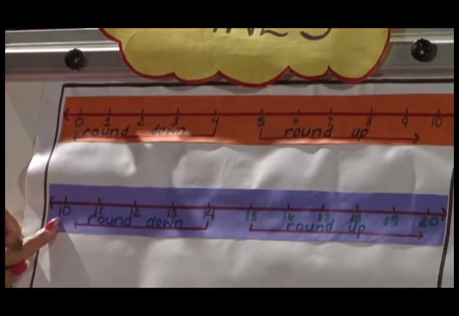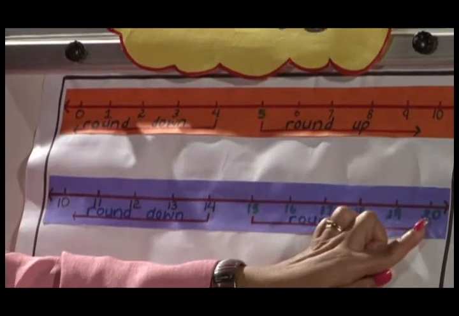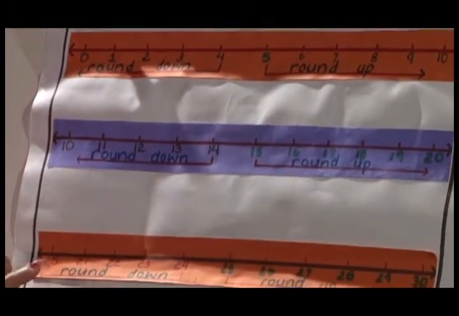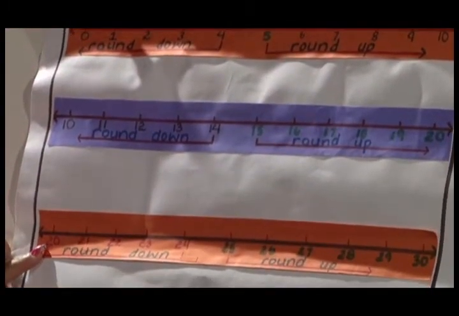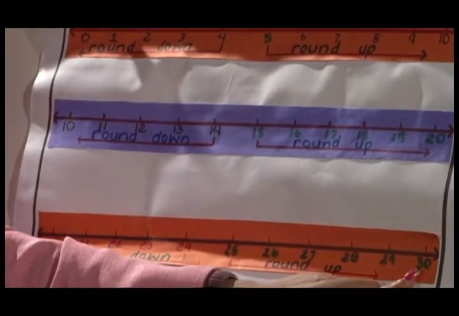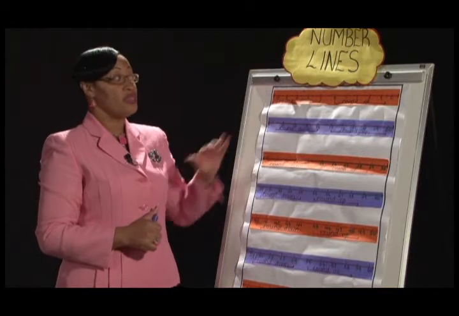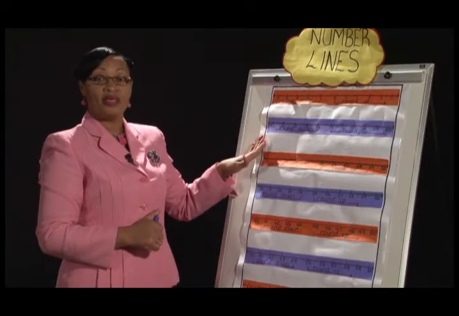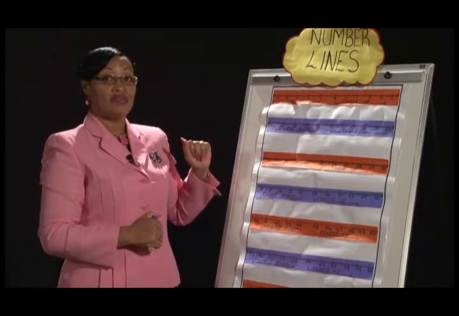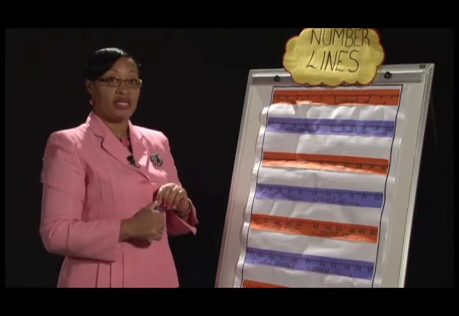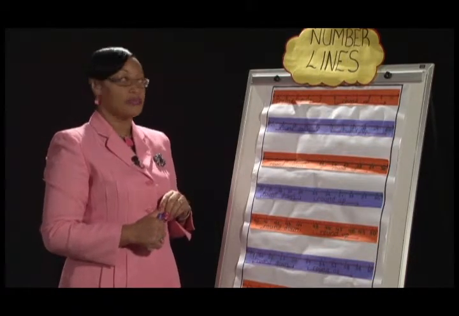The second one starts at 10 and ends at 20. The third one starts at 20 and goes up to 30. What do you notice about these number lines? They all have numbers illustrated in tens.